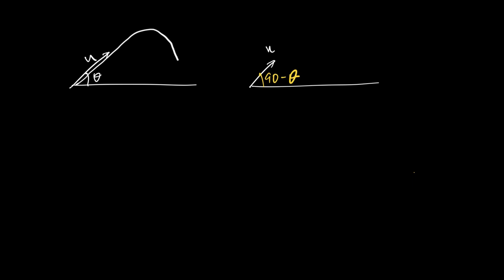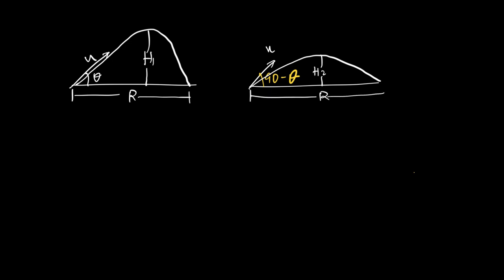So what we have here is an object which comes up like this, with maximum height h1, and another object which comes like this with maximum height h2, but what remains constant is the range covered by these two bodies.